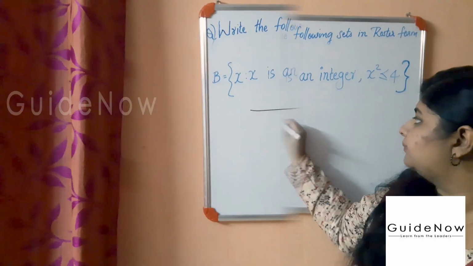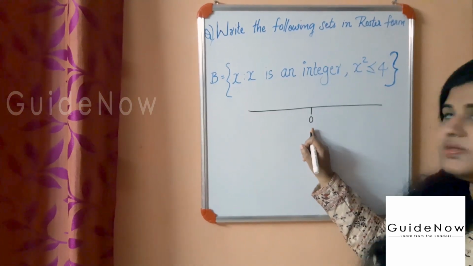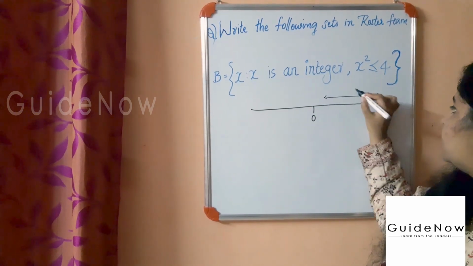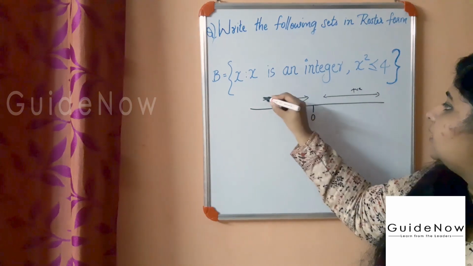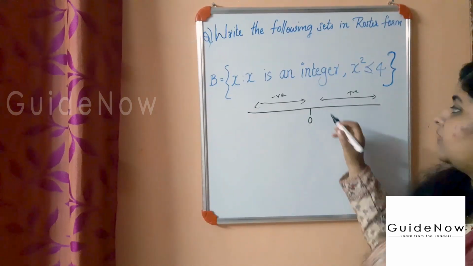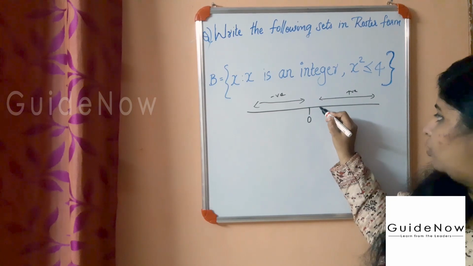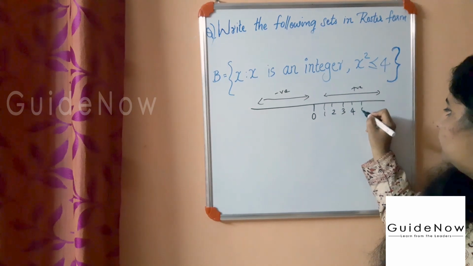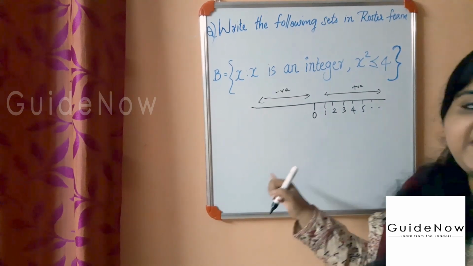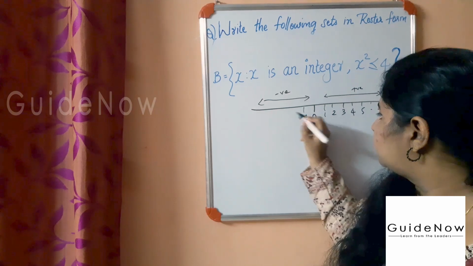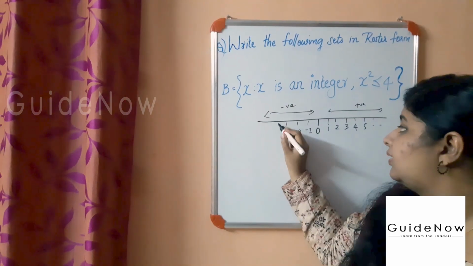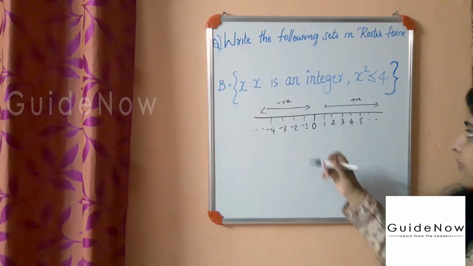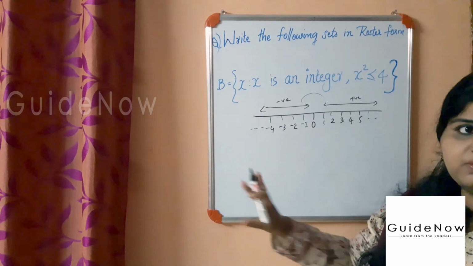If you draw a number line, here 0 is an integer, then on one side we write the positive integers: 1, 2, 3, 4, 5, etc. On the other side we write the negative integers: negative 1, negative 2, negative 3, negative 4, etc. Positive integers, negative integers, and 0, all of these are integers.